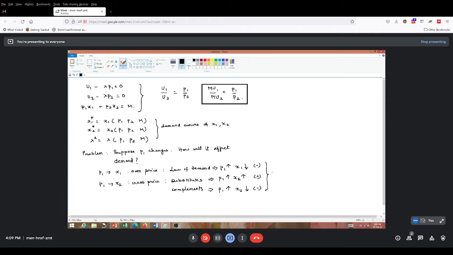What we want to show is that this, which we call the price effect, can be split up into two parts. One is the substitution effect, and the other is an income effect. You know what these two effects are; MD has covered it. The substitution effect is the change in relative prices.